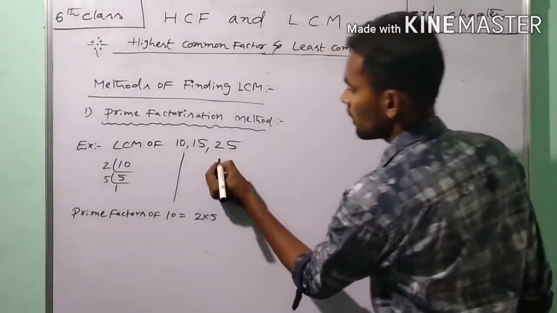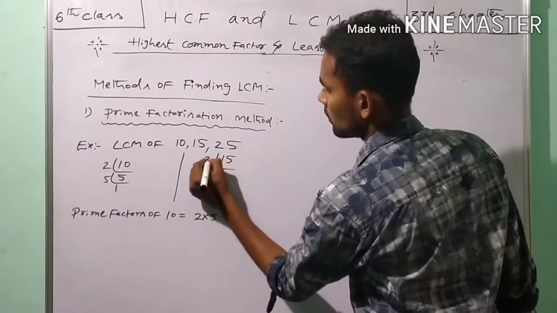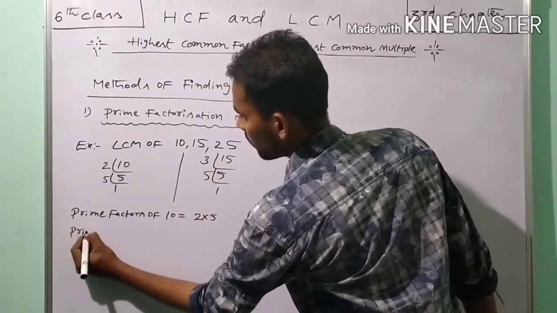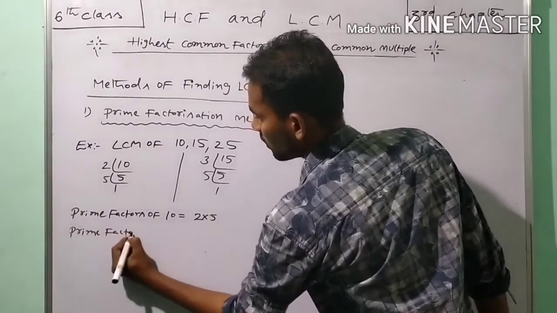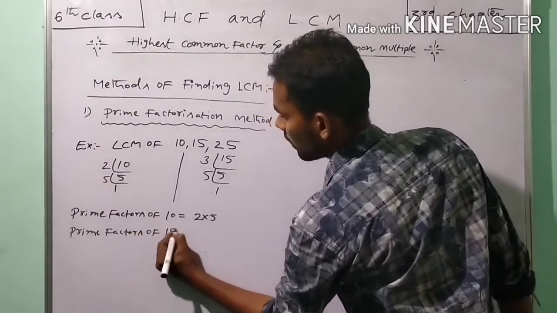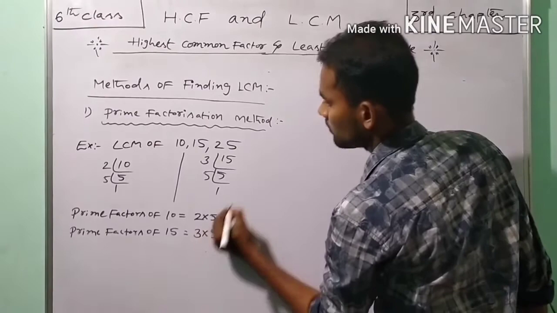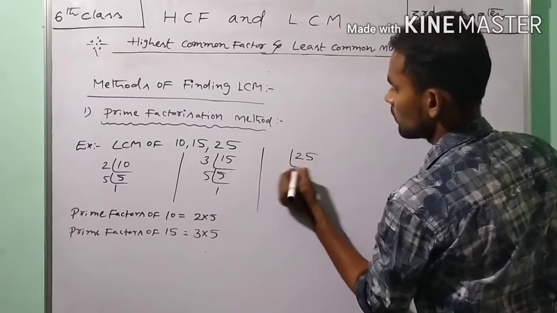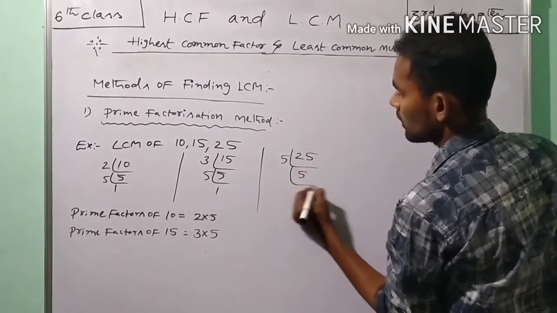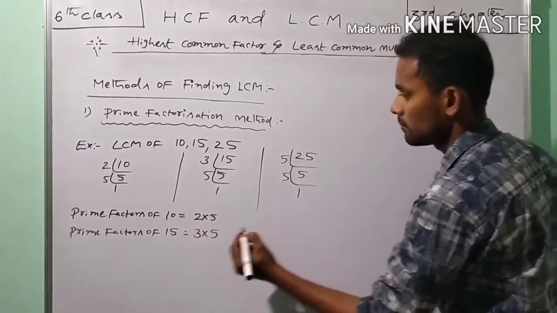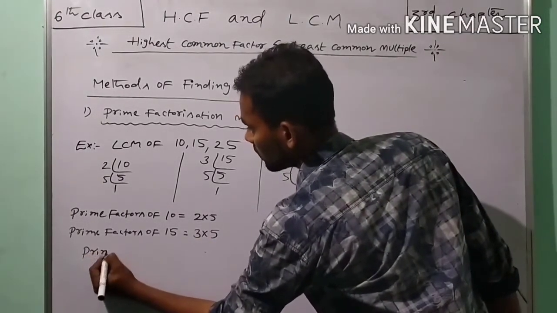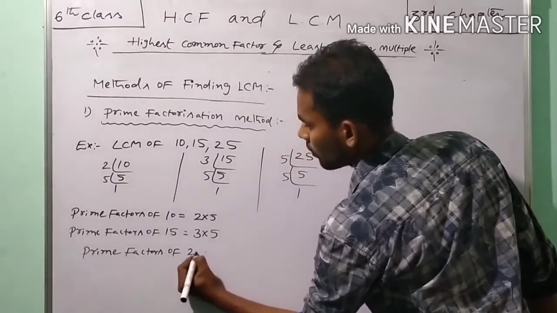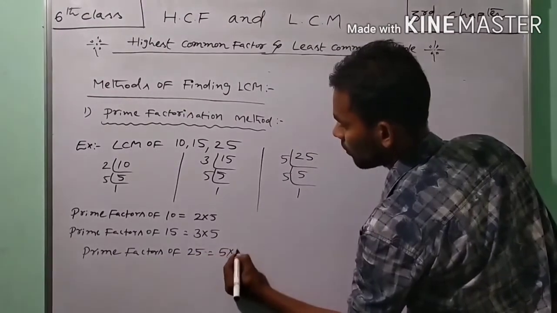Prime factors of 15: 3 5s are 15, 5 1s are 5. Prime factors of 15 equal 3 into 5. Prime factors of 25: 5 5s are 25, 5 1s are 5. Prime factors of 25 equal 5 into 5.